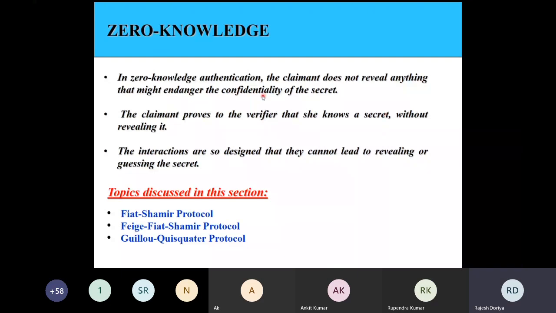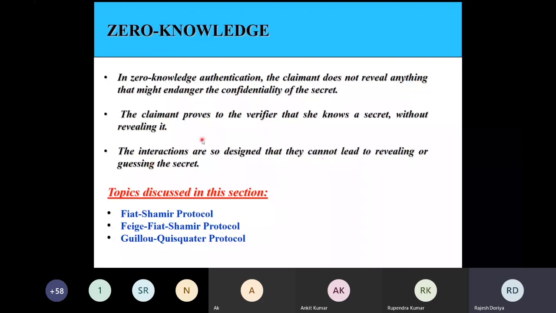Rather, the claimant proves to the verifier that she knows the secret without revealing it. Earlier it was not sending it, and now in this case it is not revealing. So the instructions are designed so that they cannot lead to revealing or guessing the secret.